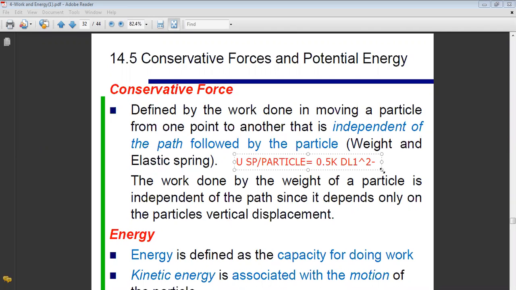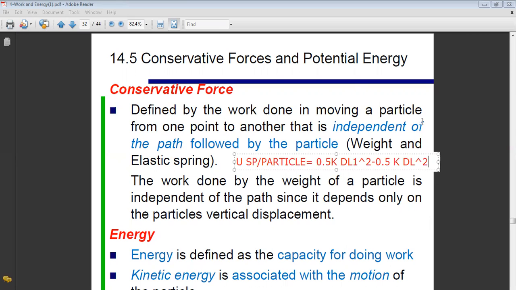So also for the spring, the work only depends on the initial and final state. So also in this case, I can say that it's a conservative force because the work only depends on state 1 and state 2 and not on the path of motion.